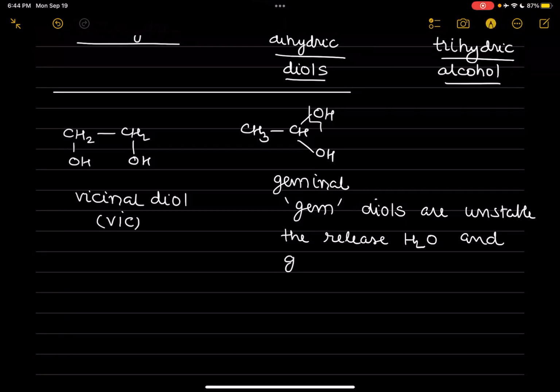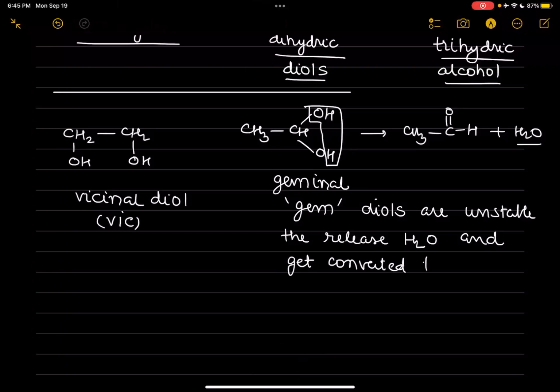So I will pick OH and H and remove water. Gem diols are unstable, they release an H2O molecule and get converted to C double bond O, aldehydes or ketones. Is it clear to everyone?